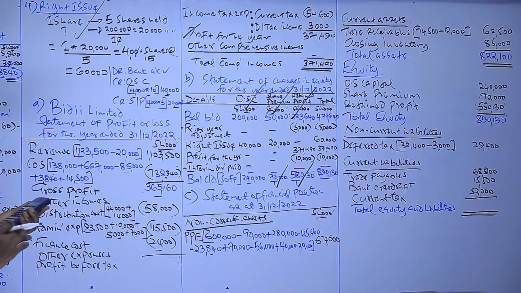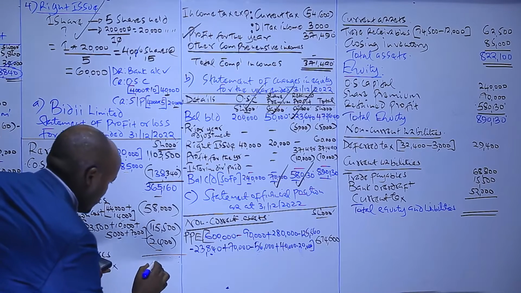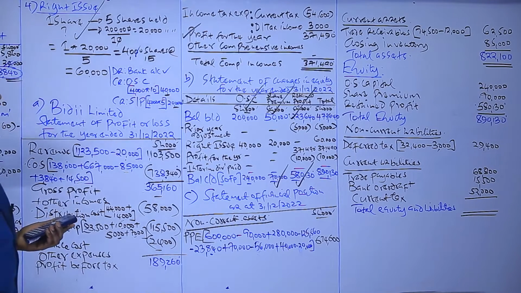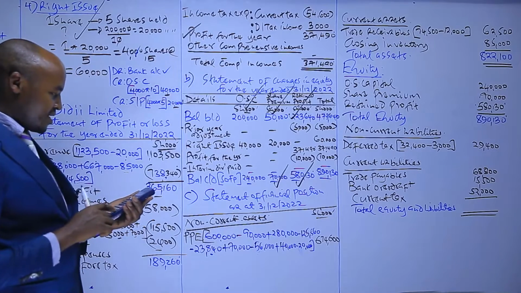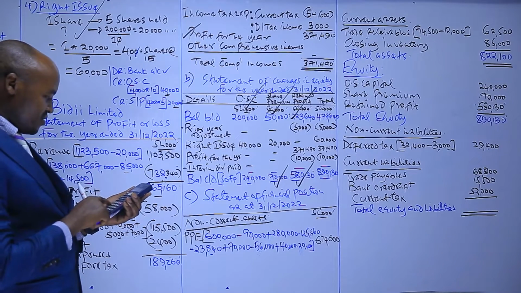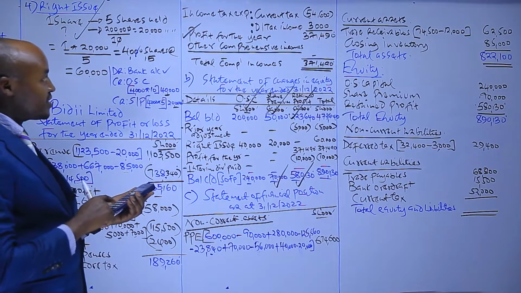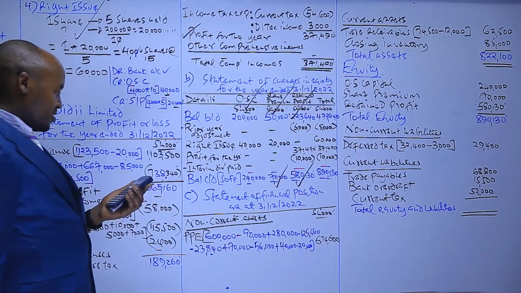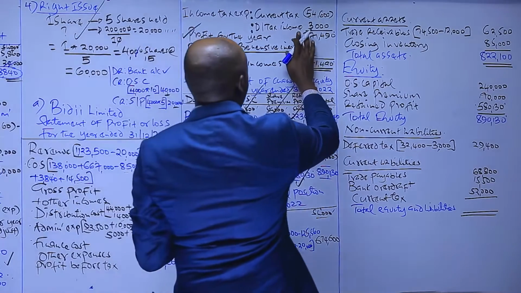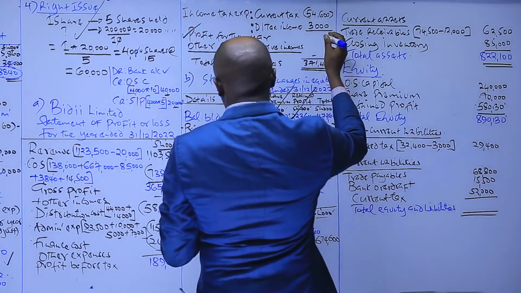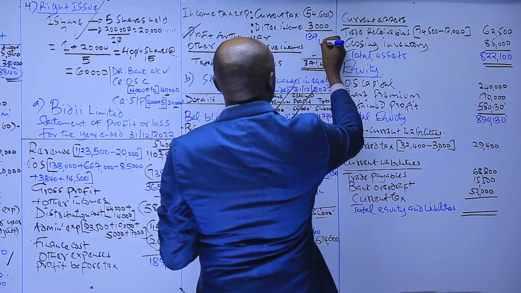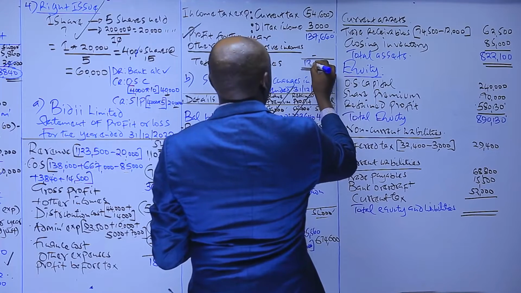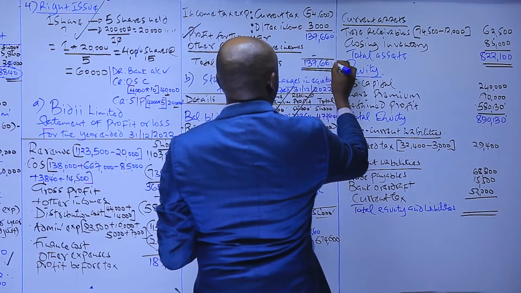So that will give us a figure of what? 189,260. And then we less the current tax, which is 54,600 plus the deferred tax income of 3,000. Yes, and our correct figure here for the profit for the year would be 137,660. Equally, that will be the total comprehensive income there.